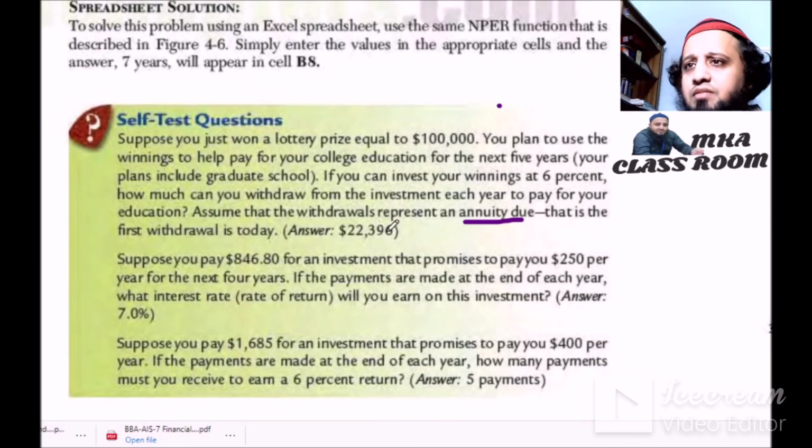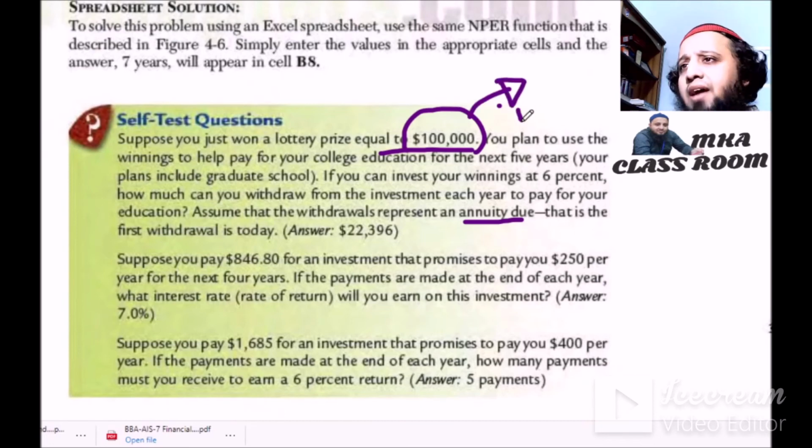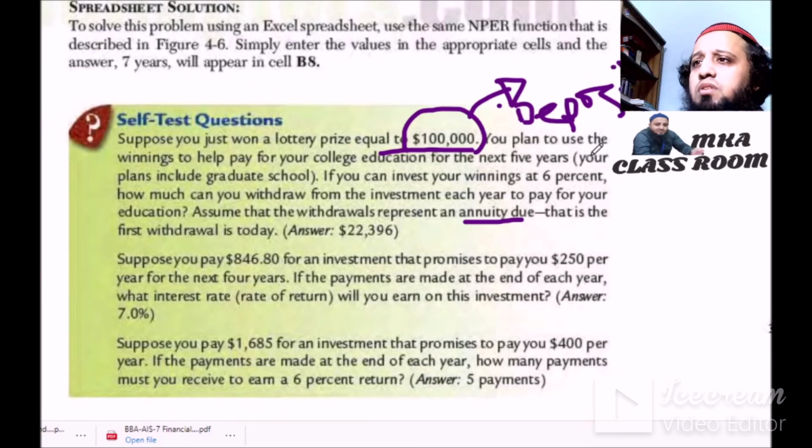So here you have gotten 1 lakh taka and you will deposit it in your bank account, and your plan is for the next 5 years.